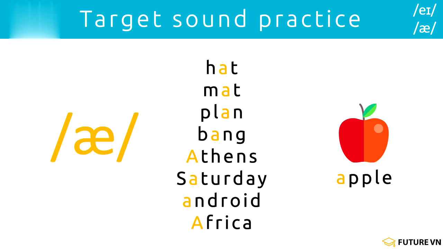Okay, excellent. Now, did you notice the spelling of all these words? The spelling that this sound represents is simply A. Now, A is sometimes represented by the first sound, A, as well.